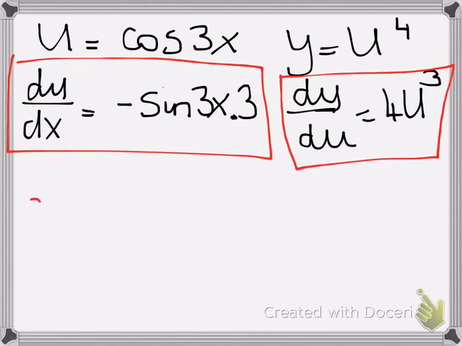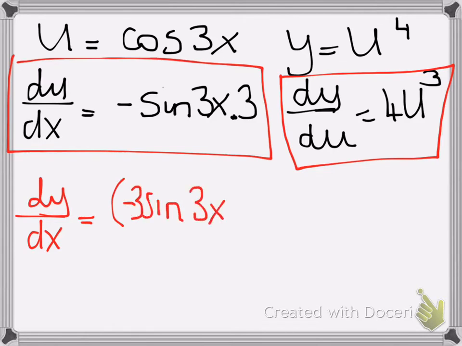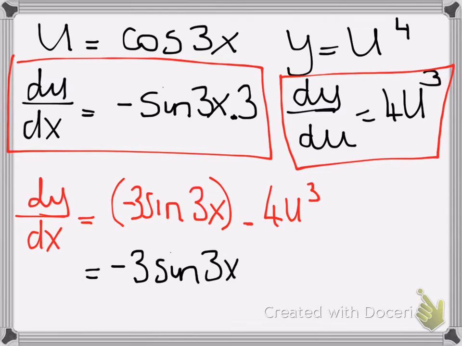Put it into your chain rule formula. So dy/dx is equal to du/dx, which is minus, I'm just going to put the 3 in front, minus 3 sine 3x by dy/du, which is 4u cubed. Then I am going to substitute back in for my u, so minus 3 sine 3x times 4, and u was cos 3x to the power of 3.